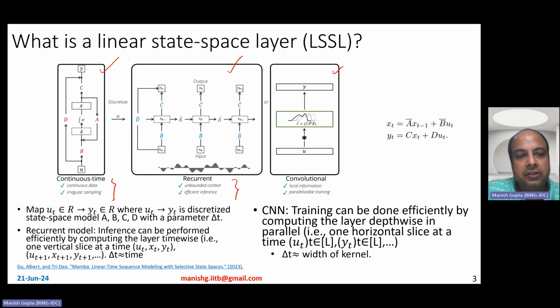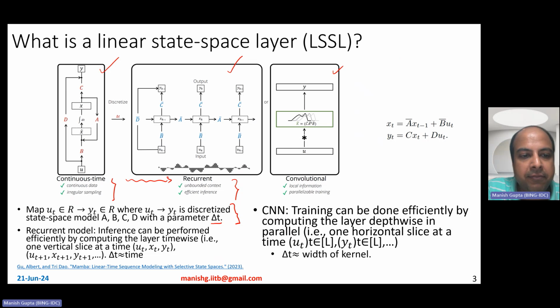So the idea is that if you want to convert these continuous systems to recurrent models, which are discrete in nature, you need some sort of discretization logic. I'll not talk about the mathematical details of the discretization logic, but this will bring in an extra parameter called delta t, because delta t captures your discretization interval.